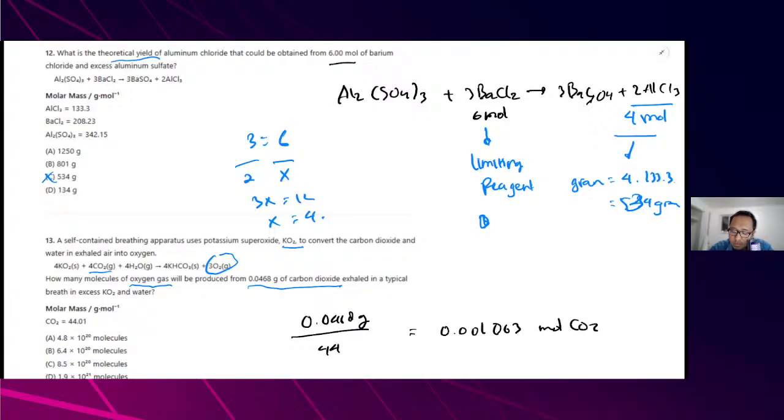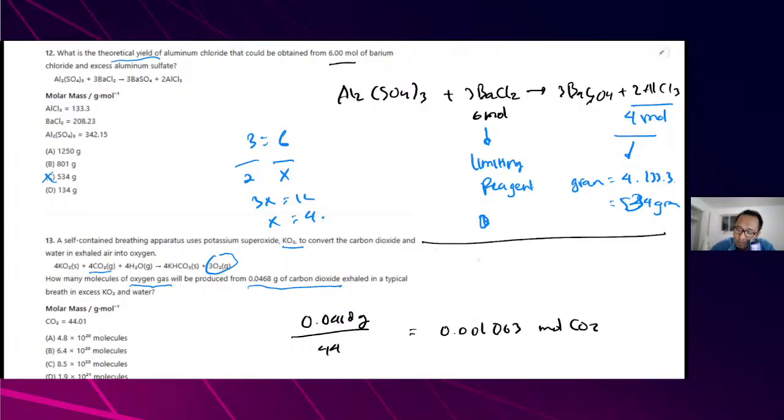Now take a look at the coefficients. For CO2 the coefficient is 4. Let's make it more organized.